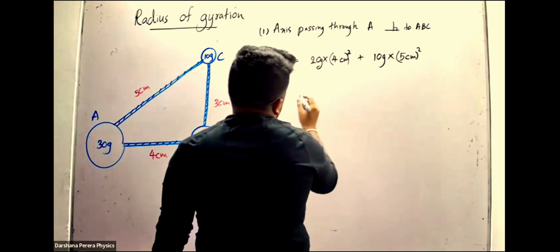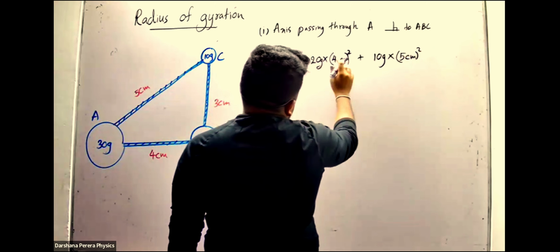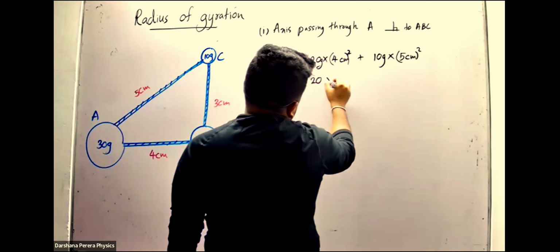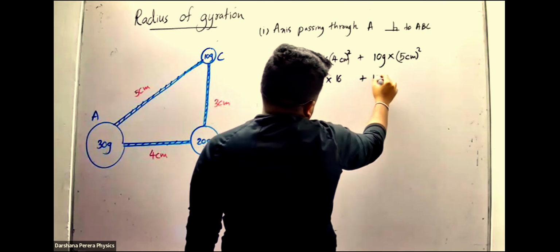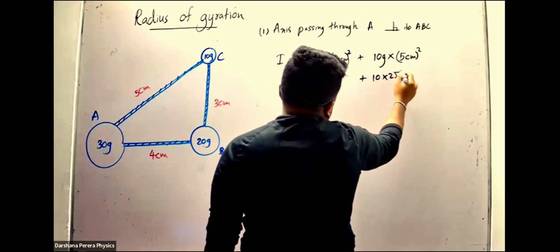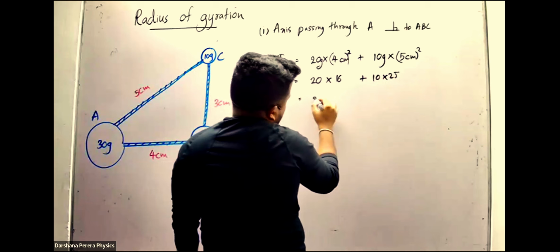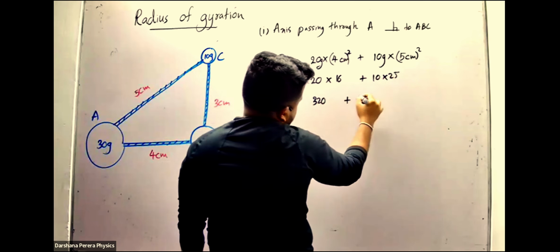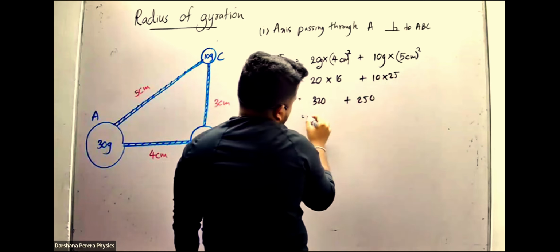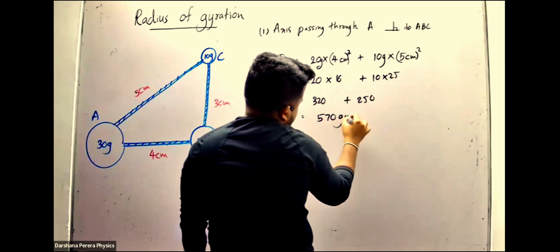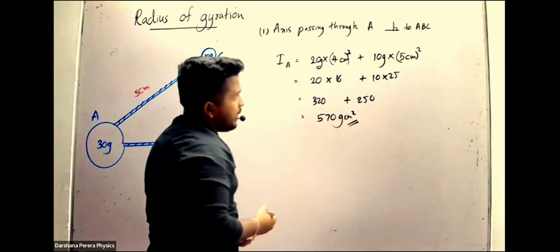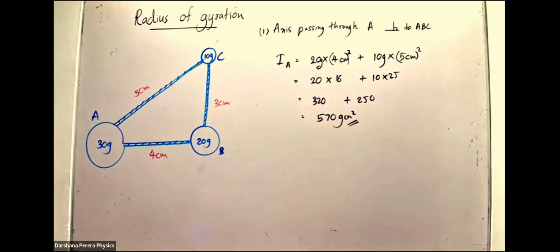Therefore, we can take 20 into 16 plus 10 into 25. 320 plus 250, 570 gram centimeter square. That is the I value.